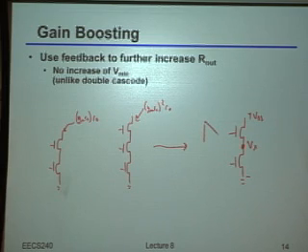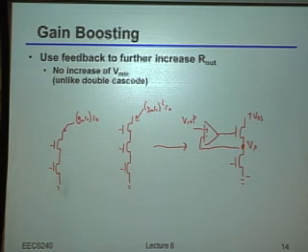I can take some sort of amplifier and put it into feedback to drive the gate of that cascode, and of course I'll need some magic reference voltage here, to make sure that node is absolutely pinned, or at least much more pinned than it was before. Okay? By the way, this is just another example of, in general in analog, when you have a problem, throw feedback at it. Obviously, there are different ways of doing it, but this particular example is indeed a very good one.